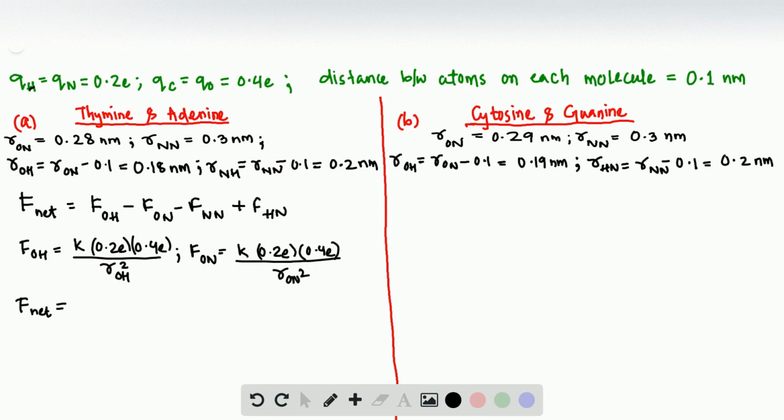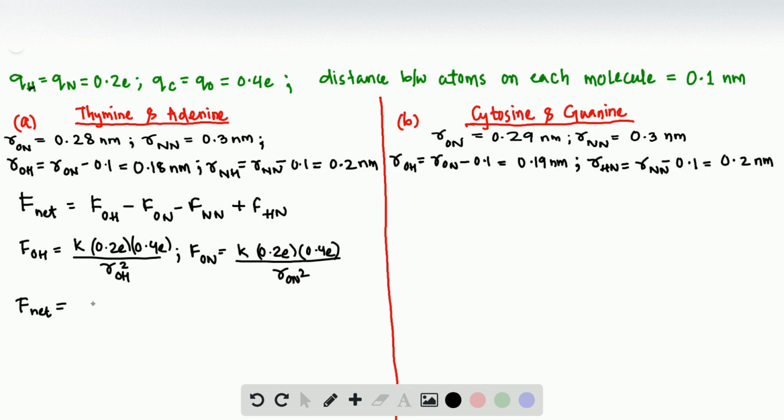So OH has force of attraction, but ON has force of repulsion, in the opposite direction. So we already took a minus sign here. Similarly, for NN there will be force of repulsion, and for HN there will be force of attraction in the same direction as FOH. So we have already taken the sign into account, and so we don't need to worry about the sign on the charges here.